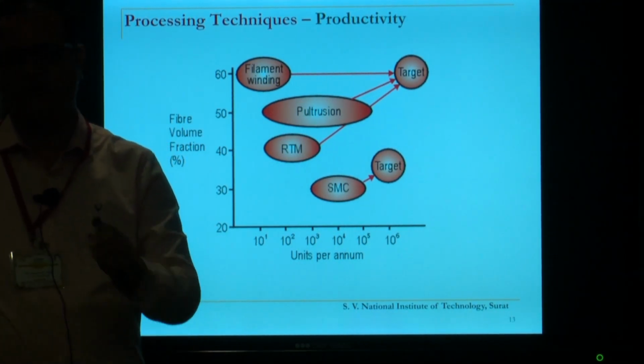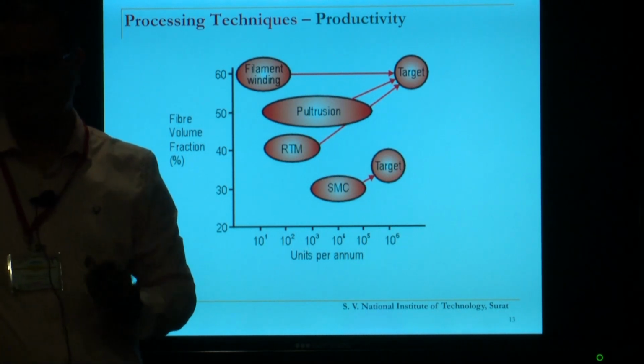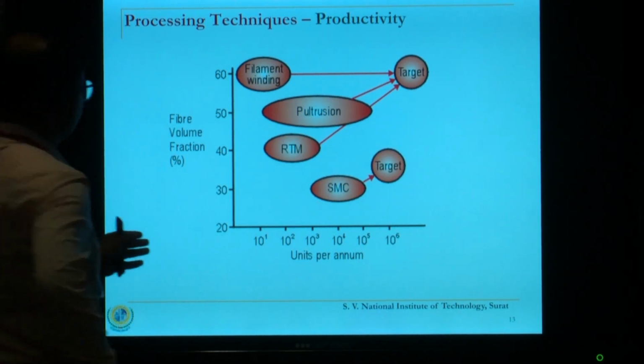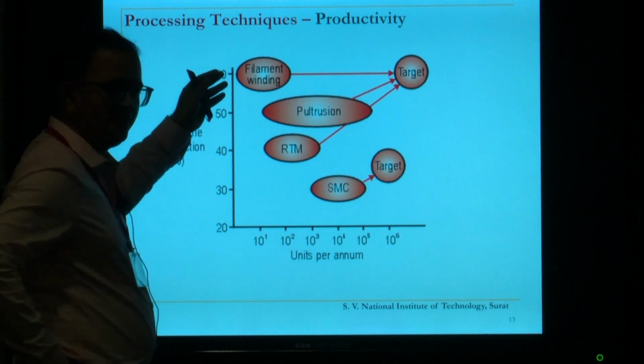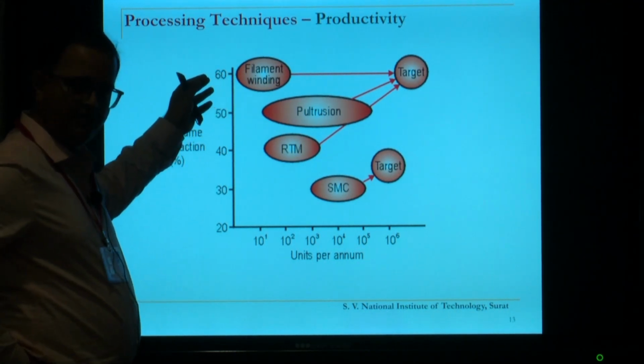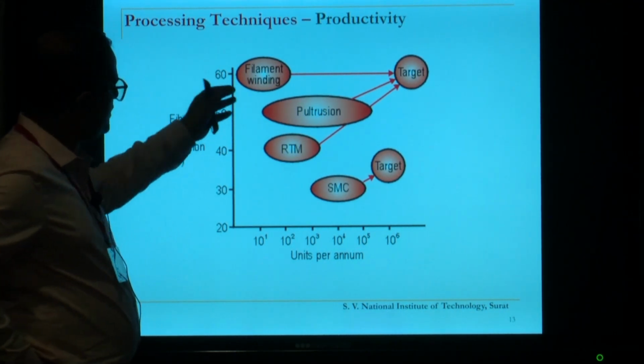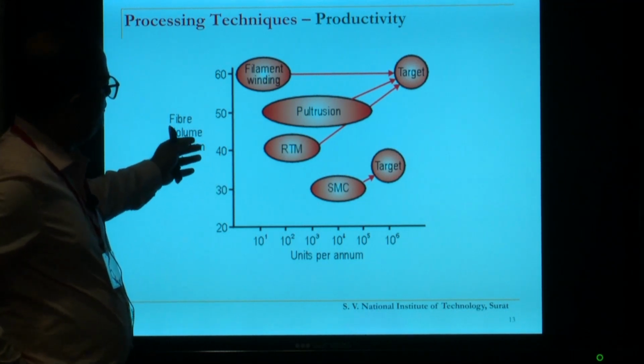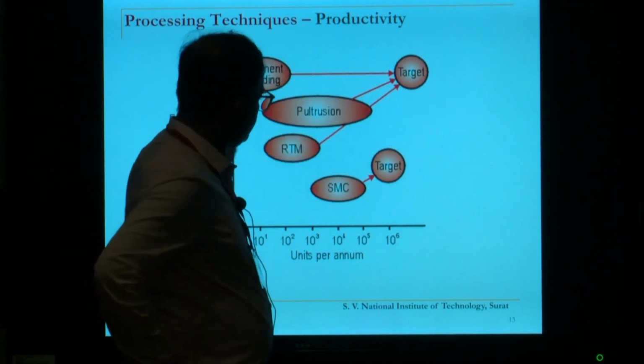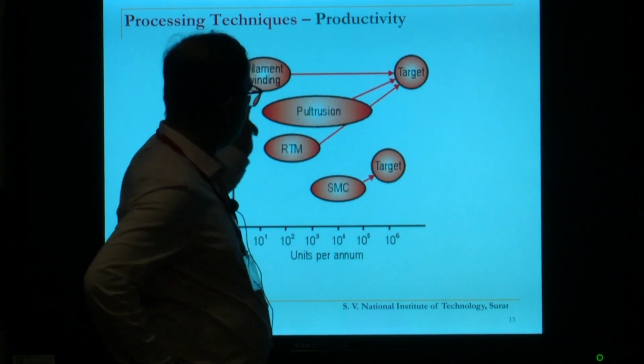Fibers play more role in the strength than the resins. So, if I am able to increase this fiber volume fraction, probably I am always improving the strength part. But then in that case, with any of these processes, there are set targets. You have to go up to this number with these processes.